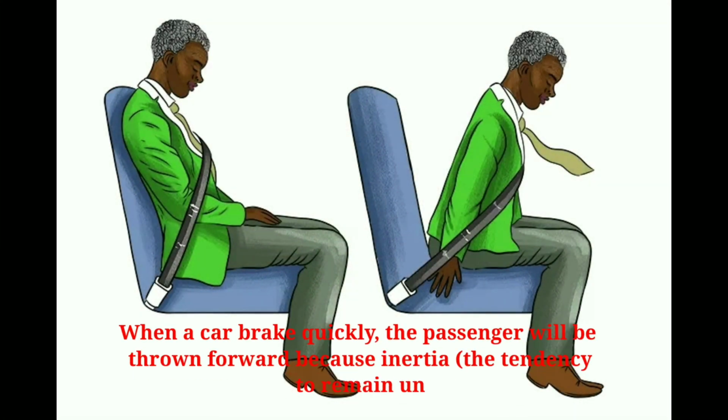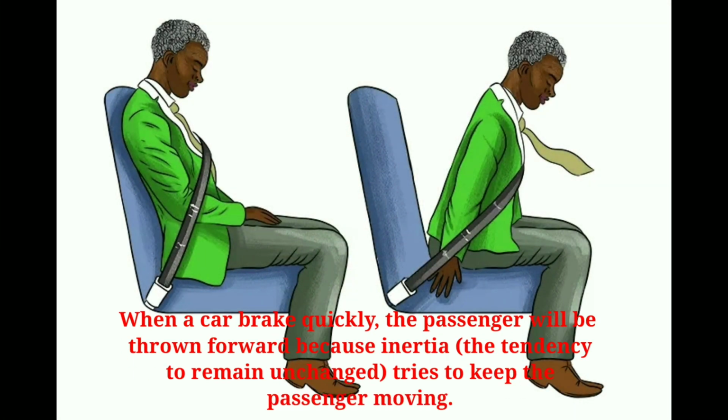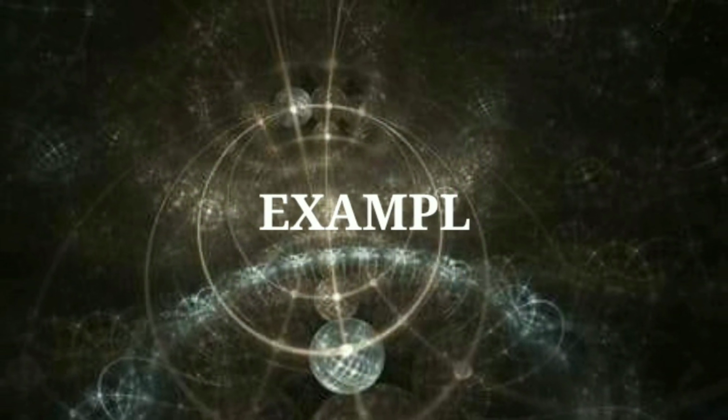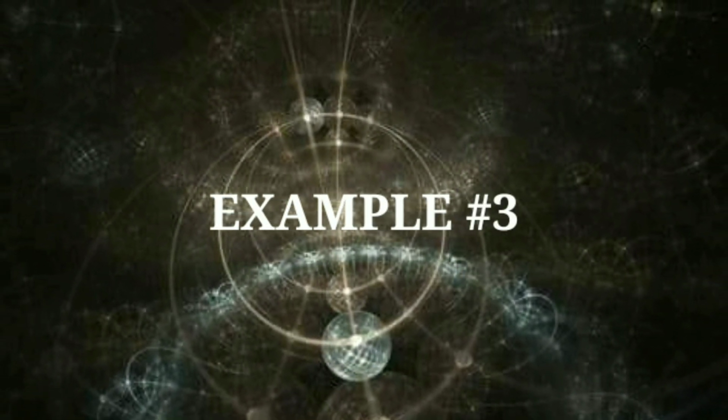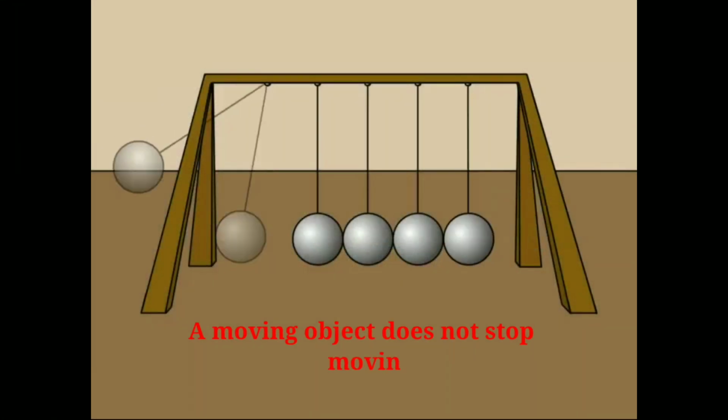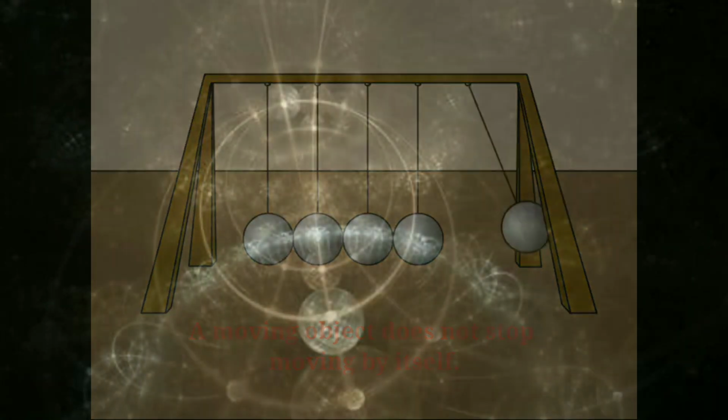When a car brakes quickly, the passenger will be thrown forward because inertia, the tendency to remain unchanged, tries to keep the passenger moving. A moving object does not stop moving by itself.